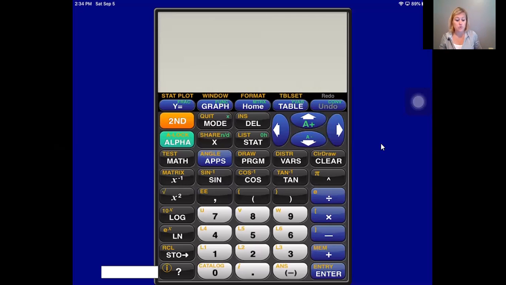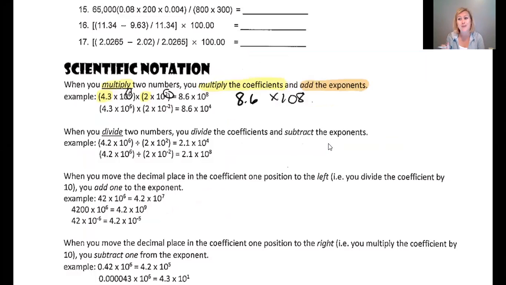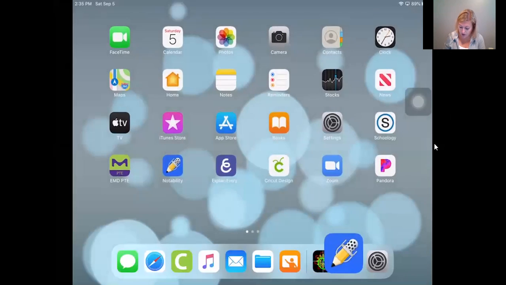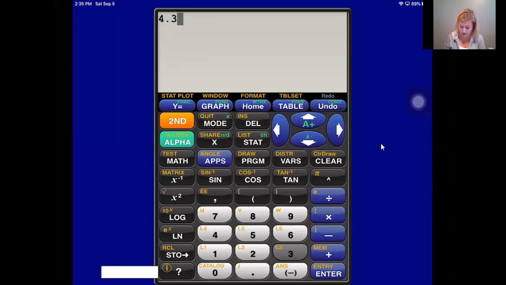Okay, so to do the first part, that coefficient part, which is 4.3, you're just going to type in 4.3 on your calculator, pretty easy. And then you're going to hit the second button right here. That second button is going to give you all of these things that are in orange.